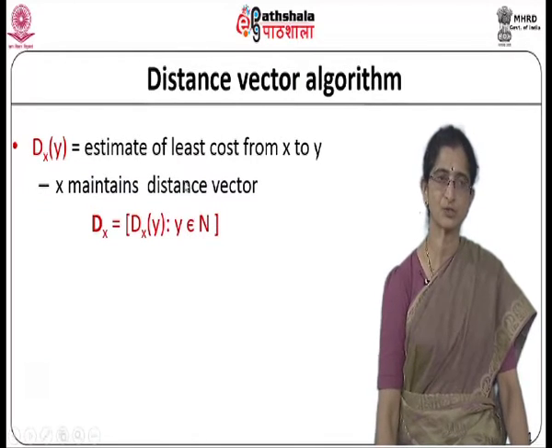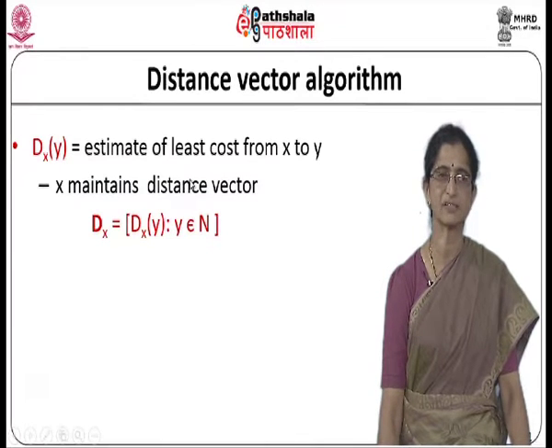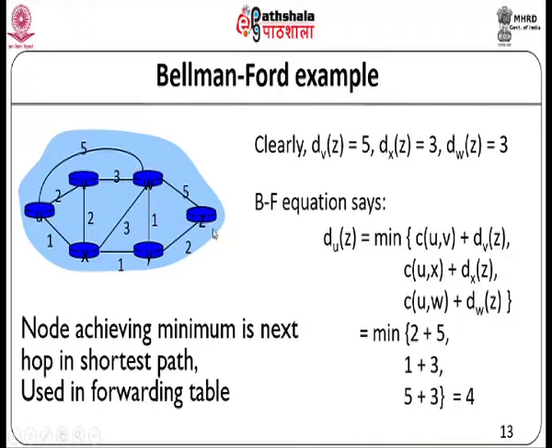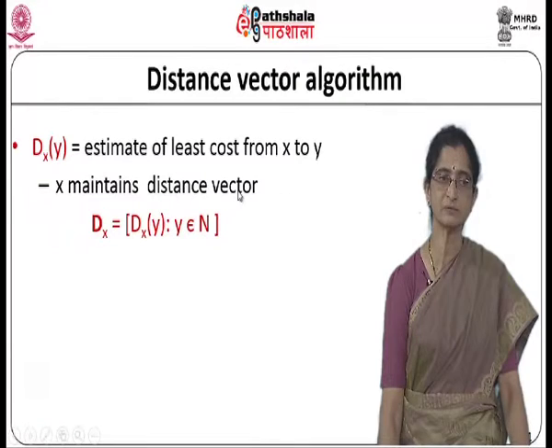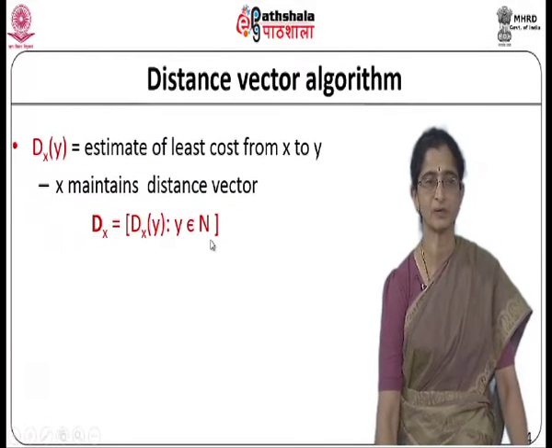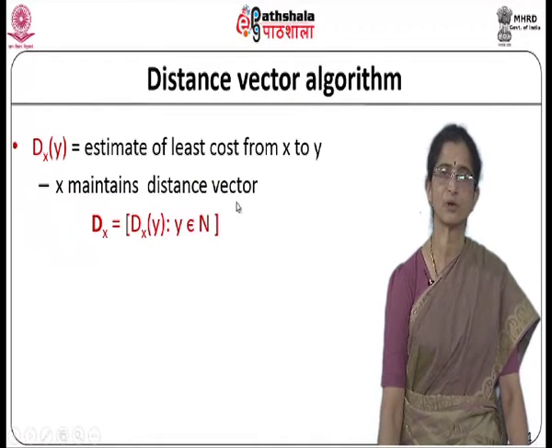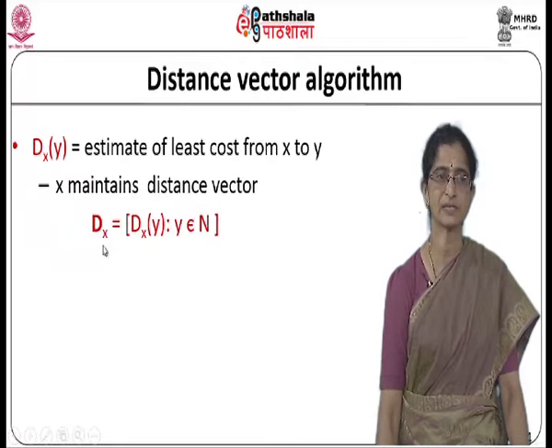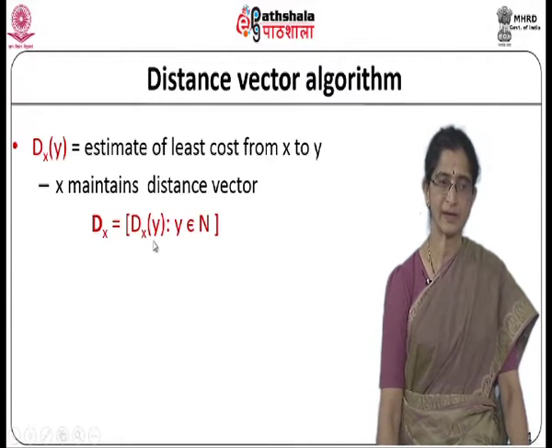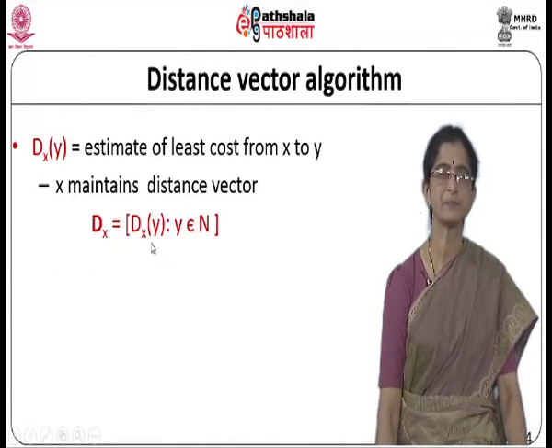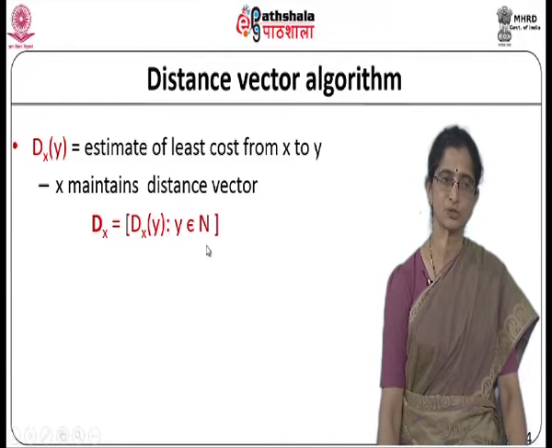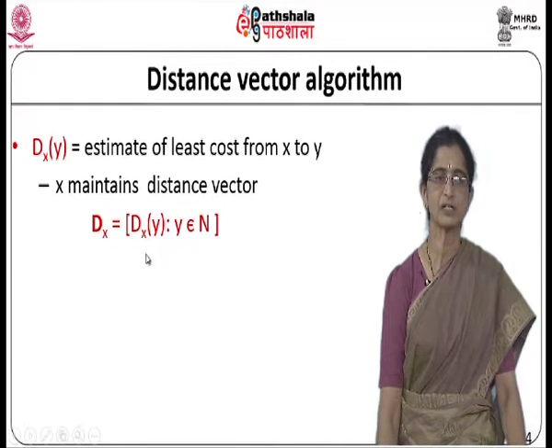So, how do we actually exchange this information, how do we get this information and so on. Here we saw this graph and we could easily identify all this information, but as part of an algorithm, how can this actually be implemented? Every node basically maintains something called a distance vector. This distance vector says, from the node x to y, where y belongs to N, N being the set of all nodes, it maintains its distance to all the nodes.